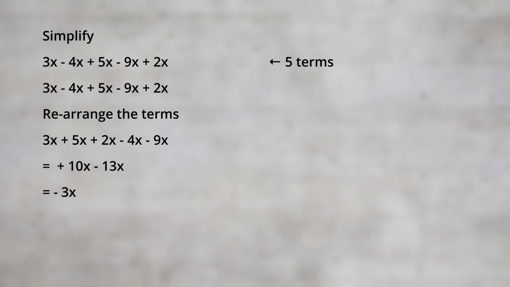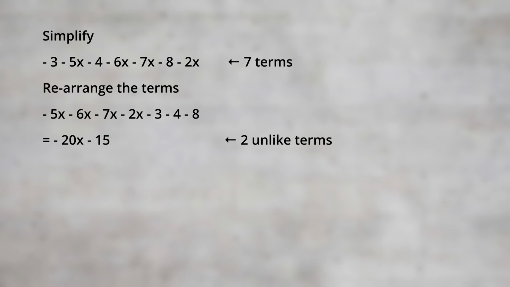The positive terms add together to give plus 10x, and the negatives add together to give minus 13x. There are more negatives, so the answer will be negative. The difference between 13 and 10 is 3. The final answer is negative 3x.